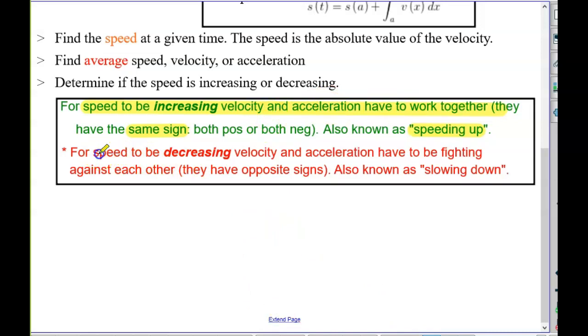Likewise, for speed to be decreasing, the velocity and acceleration have to be fighting against each other. They have to have opposite signs. So if one is positive and one is negative, then the object is slowing down. And you might make a connection to physics, and how opposite forces react. I'm not exactly sure how far they go into this with physics.